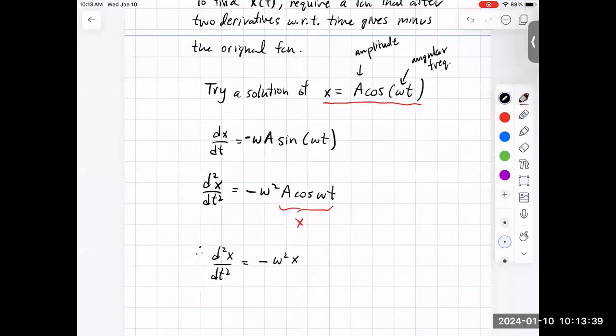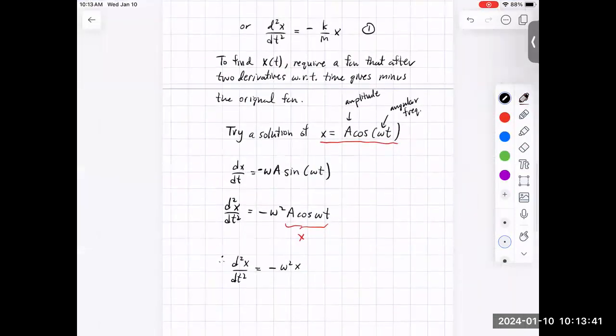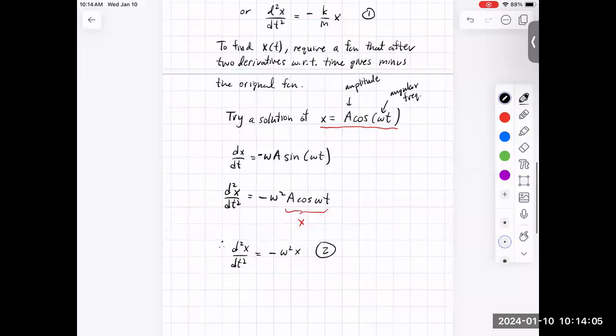And so what I want to do is compare that to equation 1 at the top of the screen. Equation 1 and let's call this new equation 2 are two expressions for two time derivatives of the position.